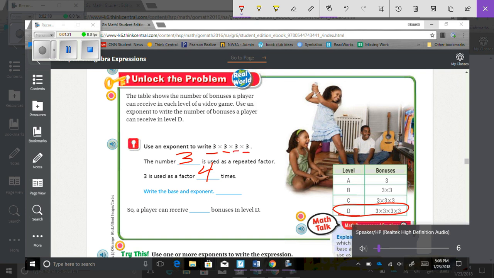So write the base and the exponent. My base is 3, that's the number repeatedly being multiplied, and it's multiplied 4 times. So it's 3 to the 4th power. So a player can receive 3 to the 4th power bonuses in level D.